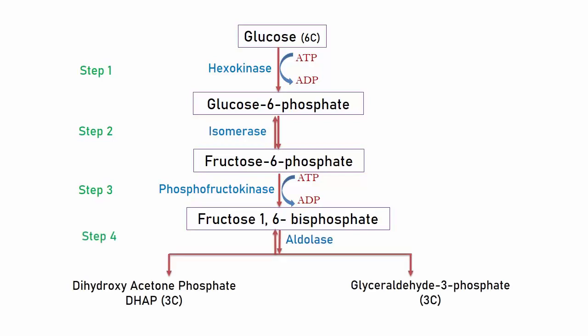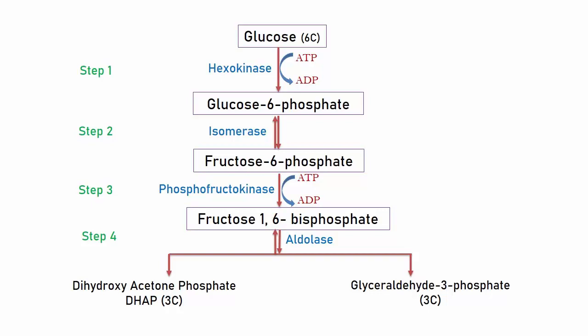In the next reaction, fructose 1,6-bisphosphate is split into two molecules of triose sugars, namely glyceraldehyde 3-phosphate and dihydroxyacetone phosphate. Both are 3-carbon containing compounds.